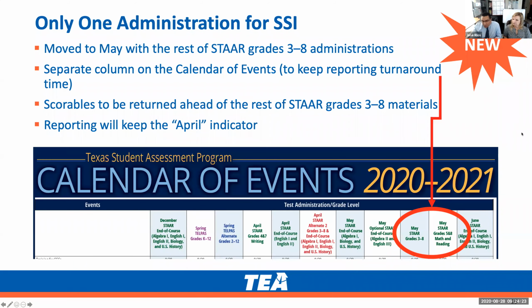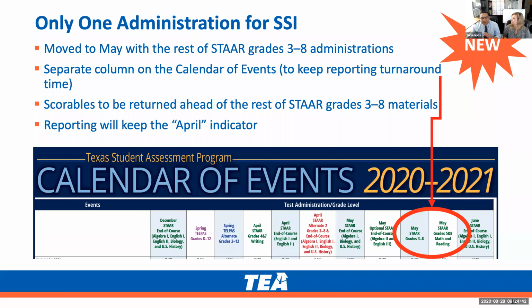So you're going to see its own date for 5 and 8. Even though it's going to be given in May, you will still need to return your scorables ahead of the rest so that we can process them ahead of the rest and also post the results earlier on the new on-demand file that we're about to speak about.